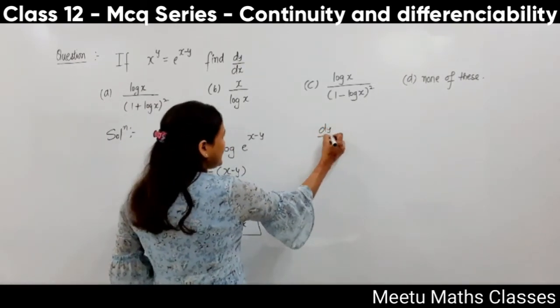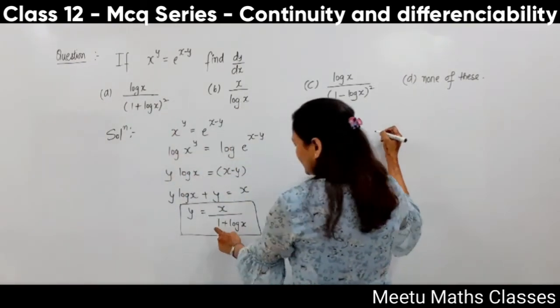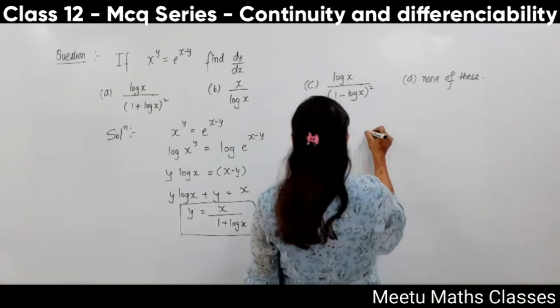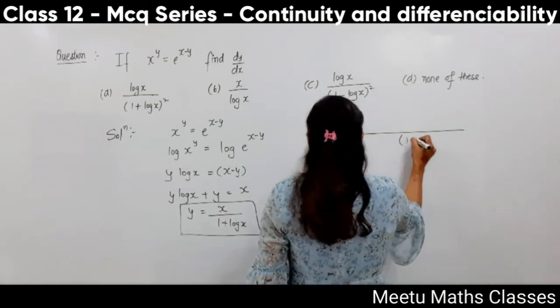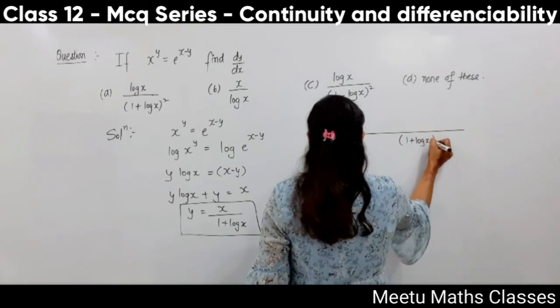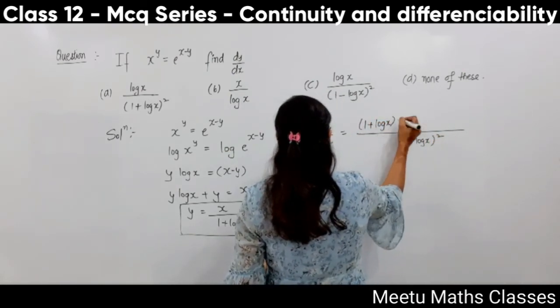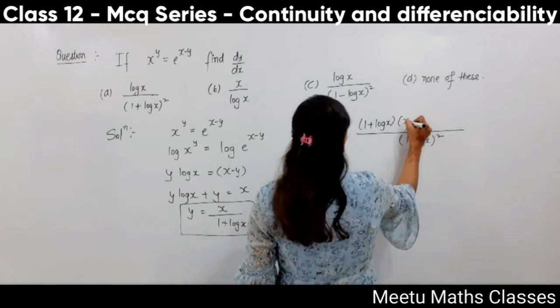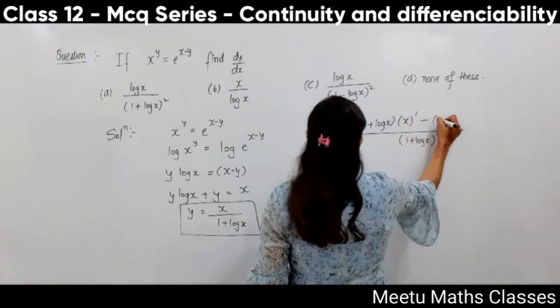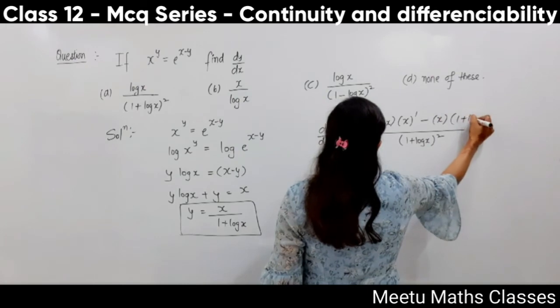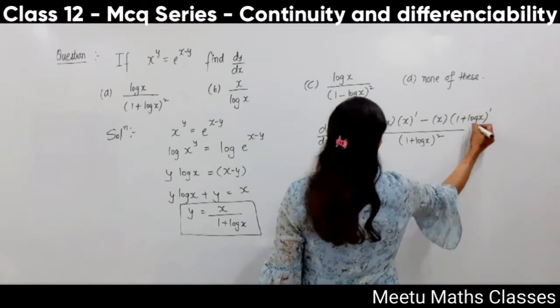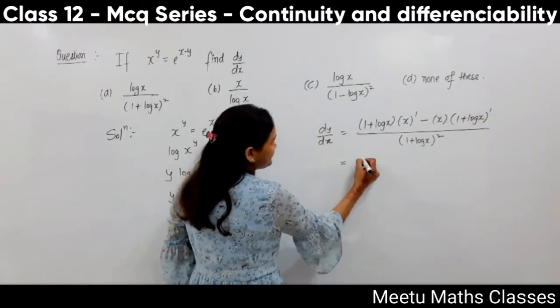So dy by dx will be equal to, you can use quotient rule here. Denominator function square, denominator function as it is, into derivative of numerator minus numerator function as it is, derivative of denominator. Okay.